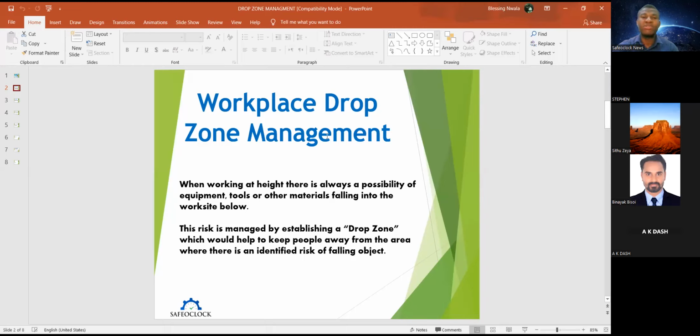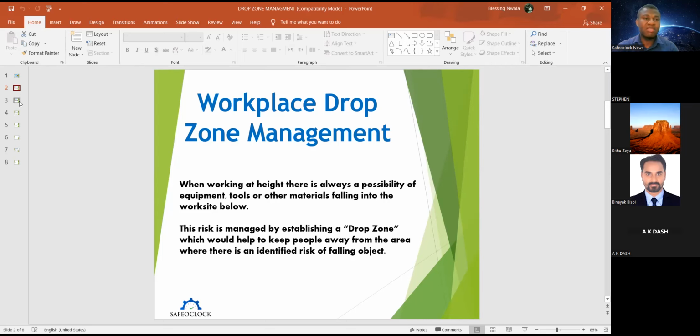All these control measures could be used. Additionally, there is a drop zone. Establishing a drop zone will ensure that people are kept away from the premises where materials or objects could fall below.